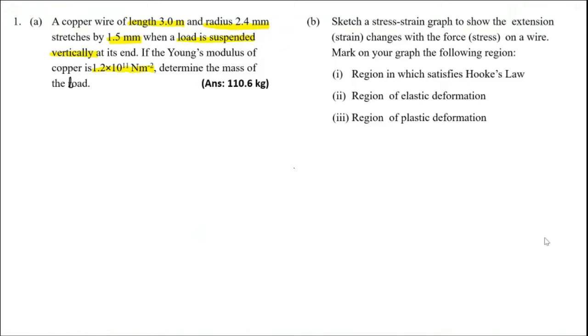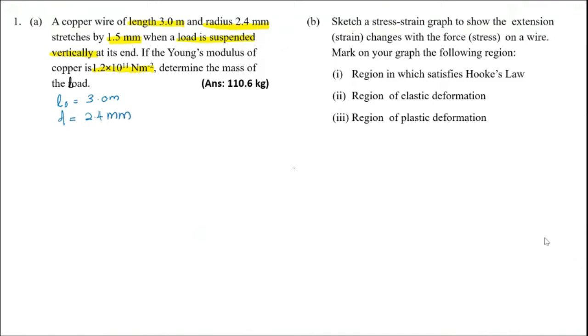So from the question, it is given that the L naught of the copper wire is 3.0 meter. The diameter of the copper wire is also given, which is 2.4 millimeter.